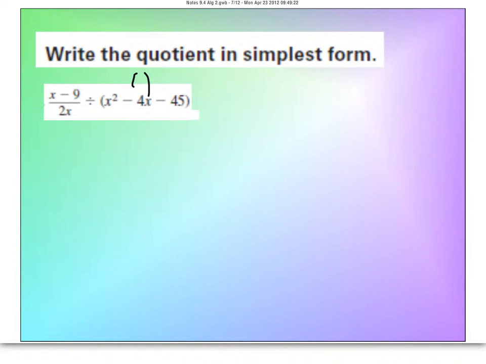Remembering my factoring, the x squared is first, so it goes first and first here, x and x. I need to find factors of negative 45 that are going to add to negative 4. I might have to write these down. So 45, the first one that comes to my mind, 45 and 1. 9 and 5 is next.